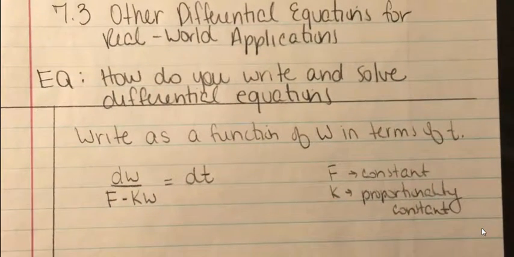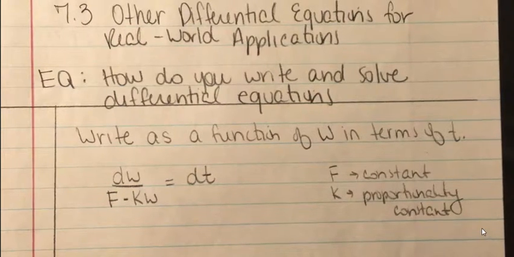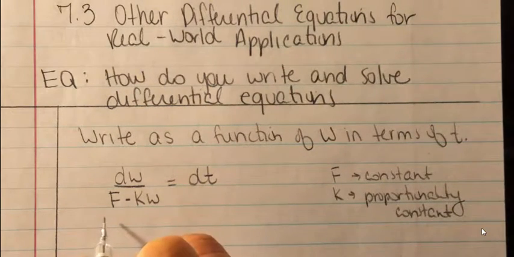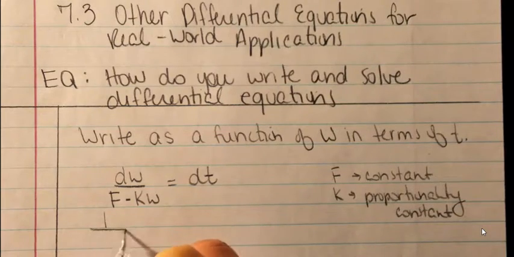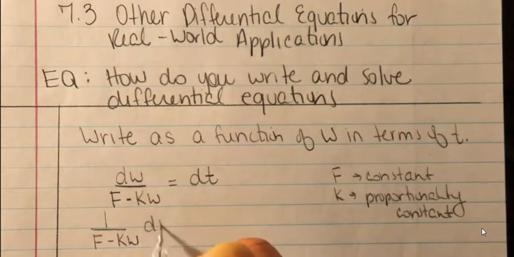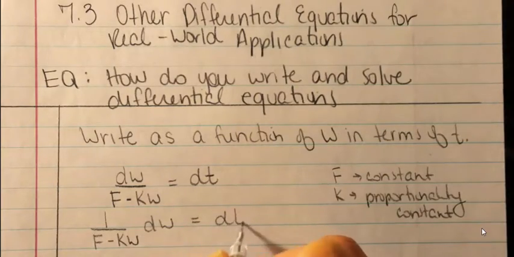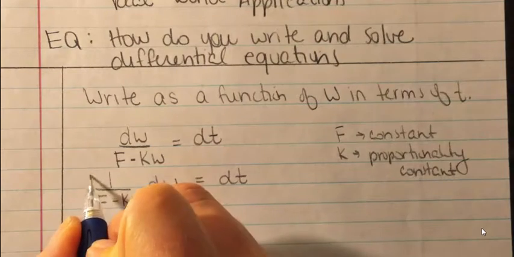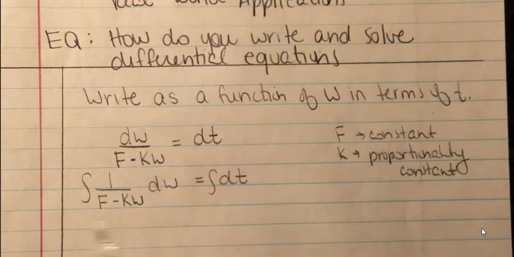Okay, so when I'm working with this, it's probably going to be easier to look at this if maybe I said, well, this is really 1 over f minus kw dw equals dt. Because now when I take the integral of both sides, I can see that this is a reciprocal function.